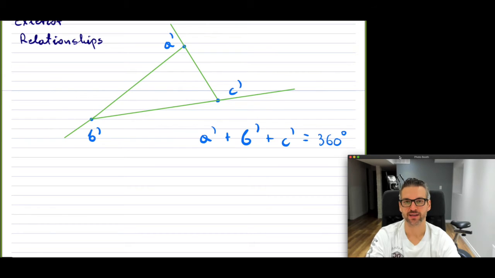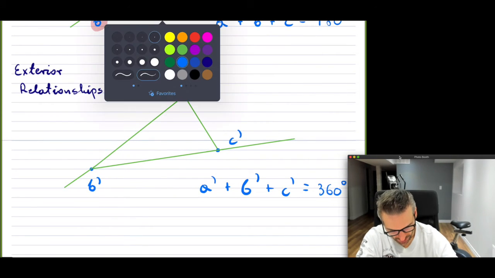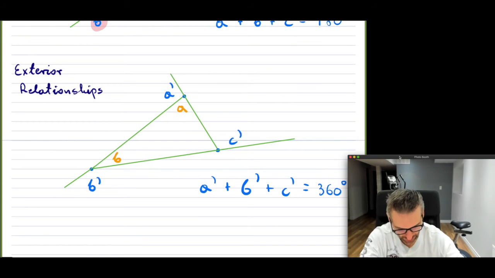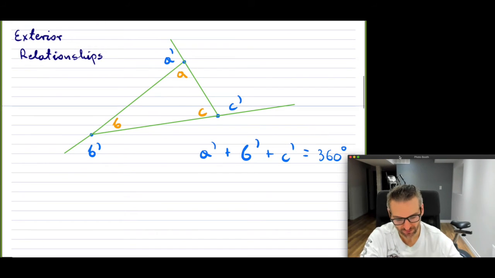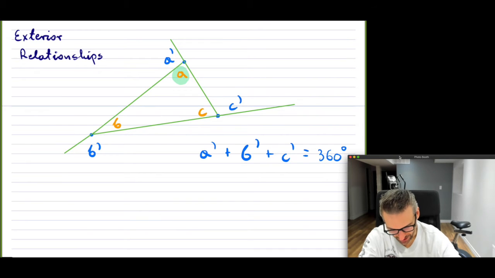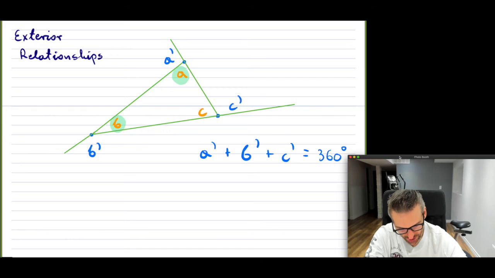Now, another relationship that we have. So this was A, this was B, and this was C. If you know these two angles, for instance this angle A and this angle B, I actually know something about this particular angle outside.